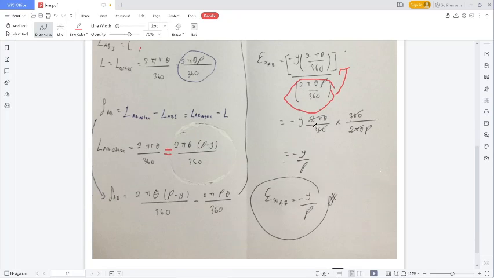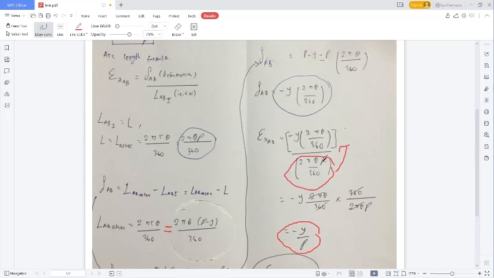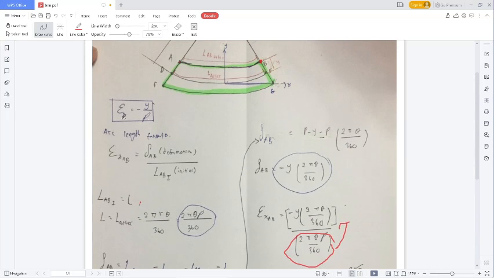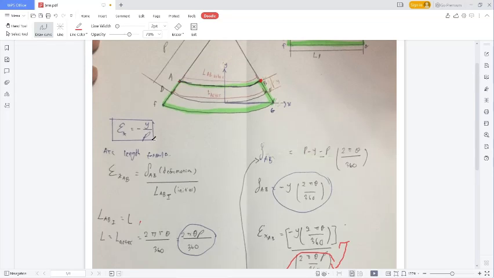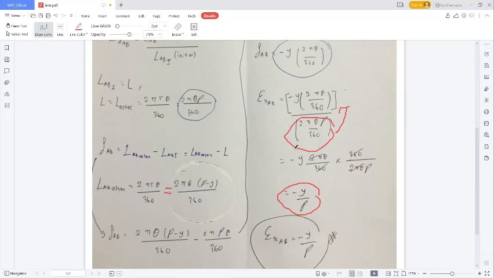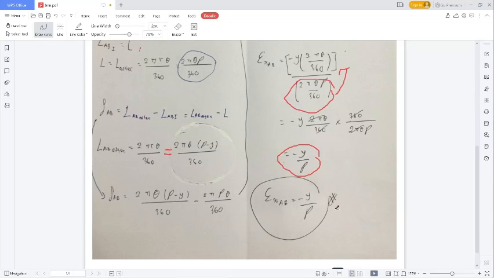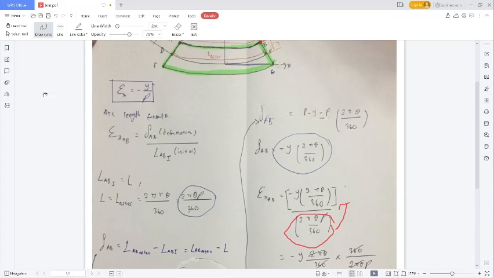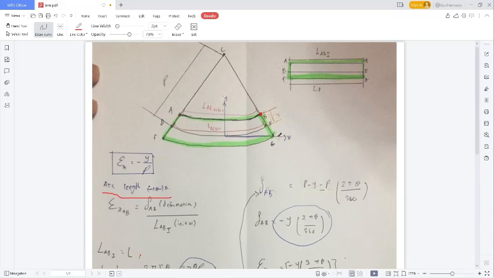We cancel out the degrees and 2 pi theta, and we get negative y over rho. So that's why we can define that the normal strain with respect to the x-axis depends on the point of analysis and is equal to negative y over rho. That's how we define it according to the arc length formula.